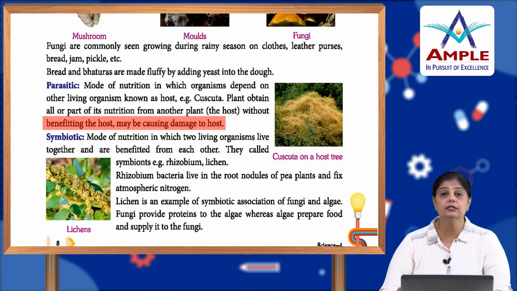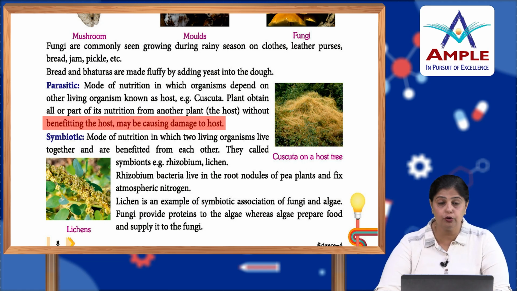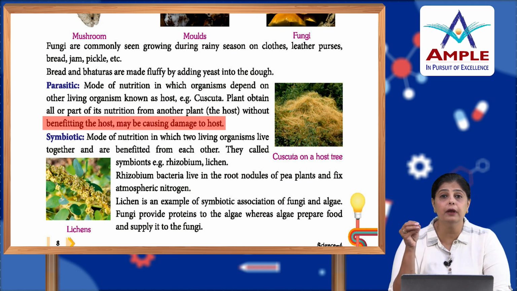So, what happens is, in plants also, there are certain plants. Suppose you have planted a rose plant, and then you see that other plants are growing in it. These plants are actually nothing but weeds. They are not good for the plant. They are an unwanted part of the plant.